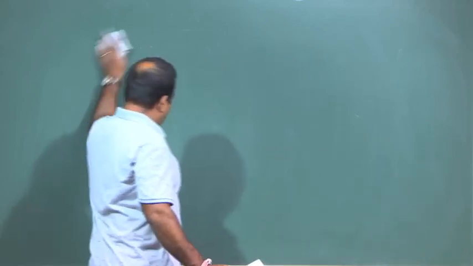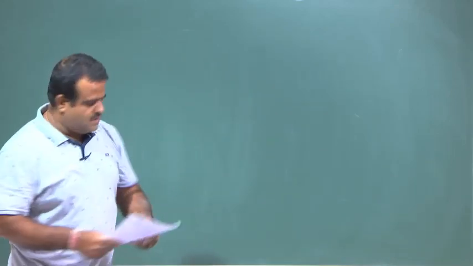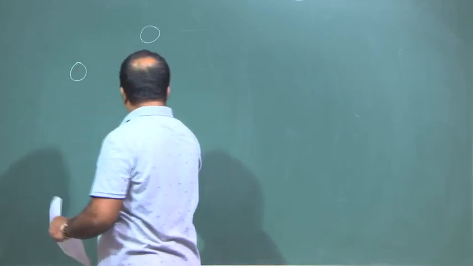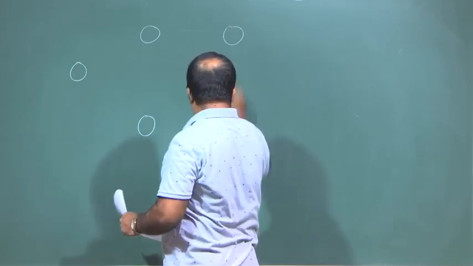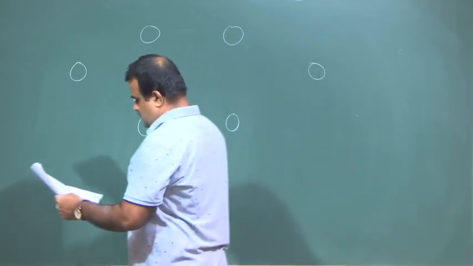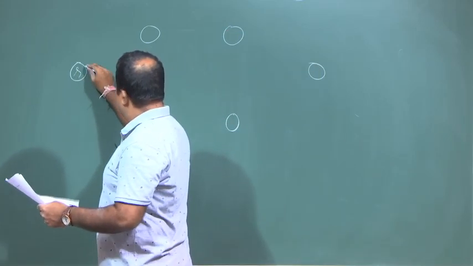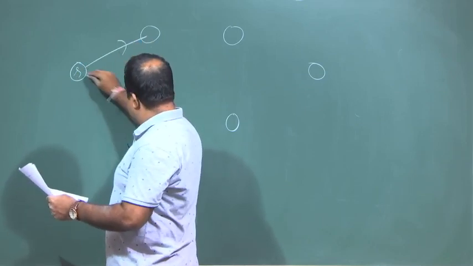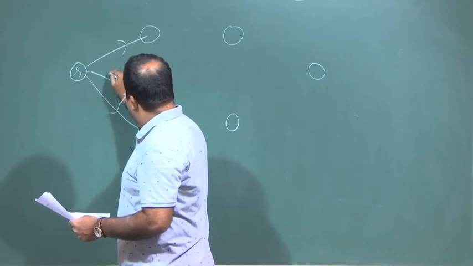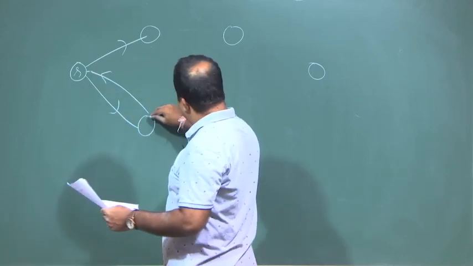So, it is basically a directed graph. Let us draw a directed graph. This is the source and we have the edges. These are the directions.